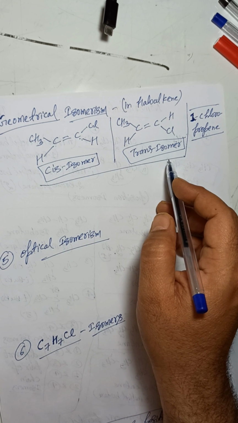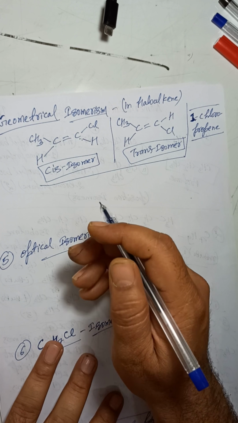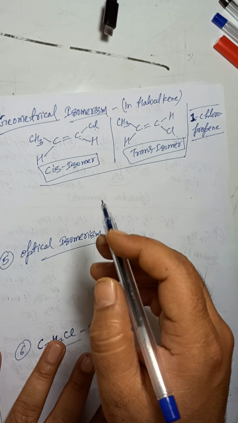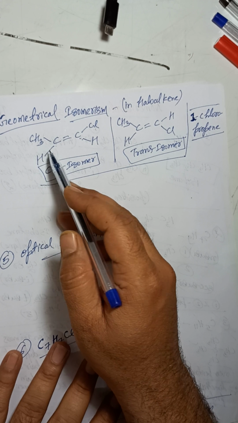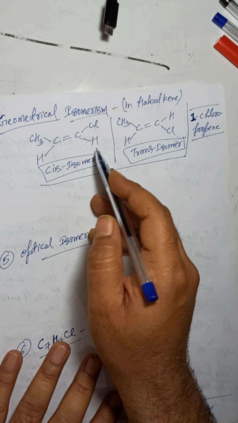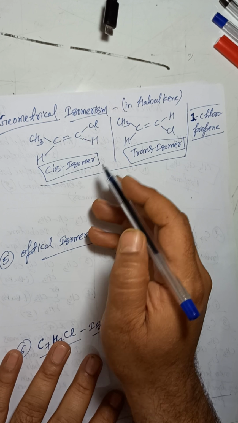Now let's talk about a question related to that. What about the dipole moments of these? CH3 is an electron releasing group, Cl is an electron withdrawing group.